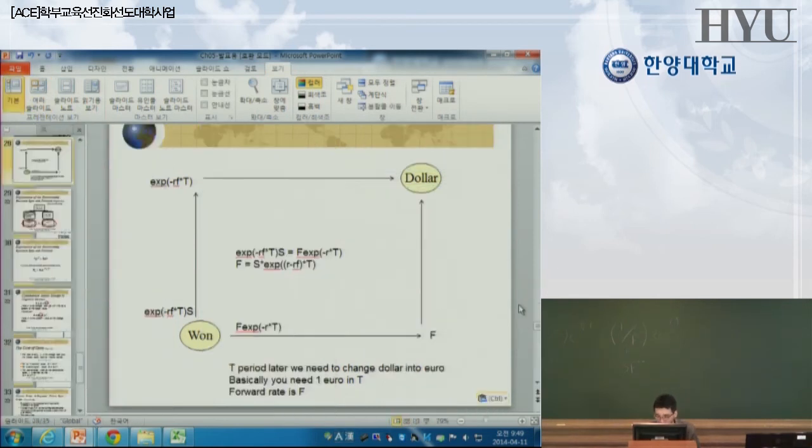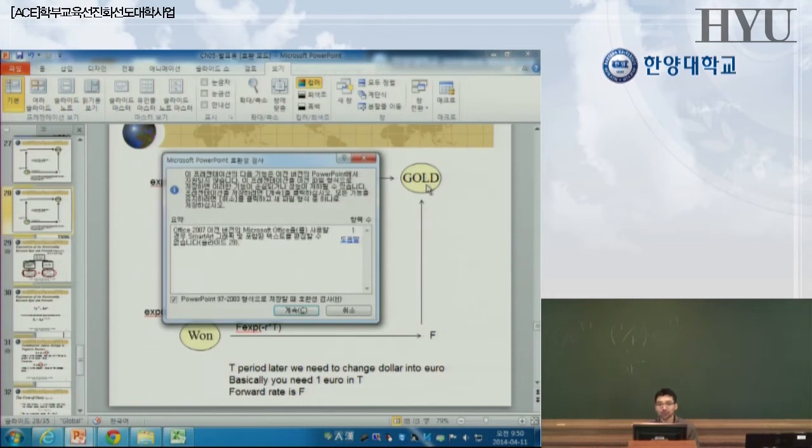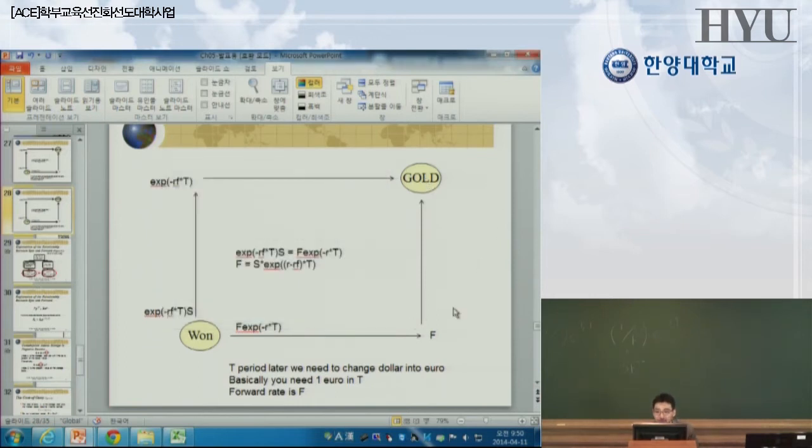Now instead of dollar, we change it to gold. And then, okay, the 1 to the gold. And actually it is the same, but I have to change this one to the Q. Okay, now I have to put Q.